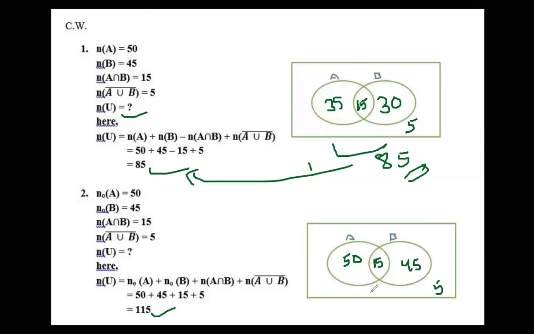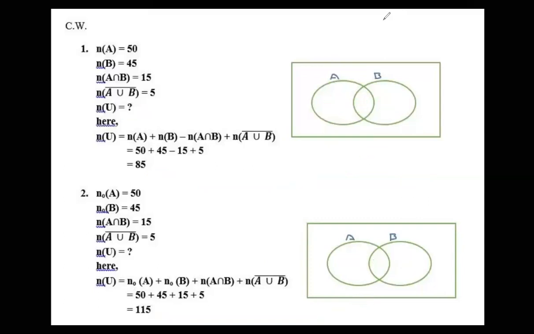So that is the answer. Did you get the value of n(U) as 115 or not? So here also we need to get 115. If you will not get the value as 115, your answer will be wrong. Because n(U) is 115, this total also should be 115. So in this way, we'll get our answer.